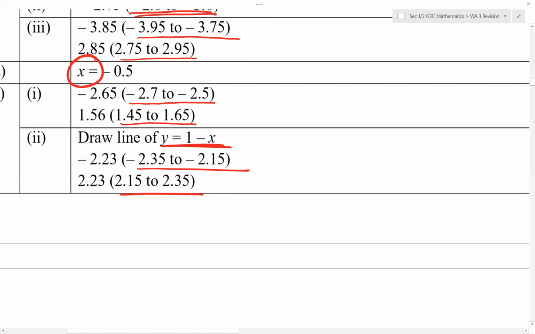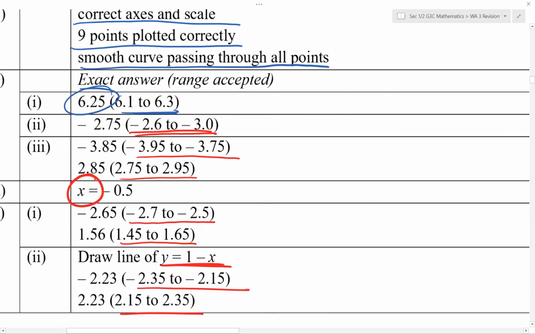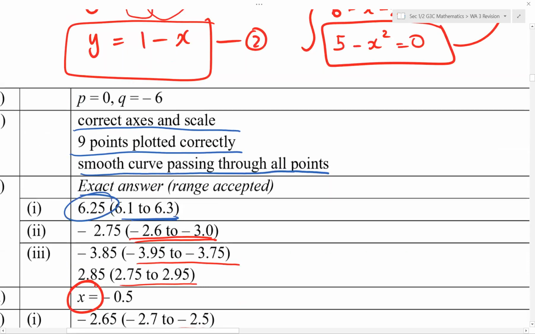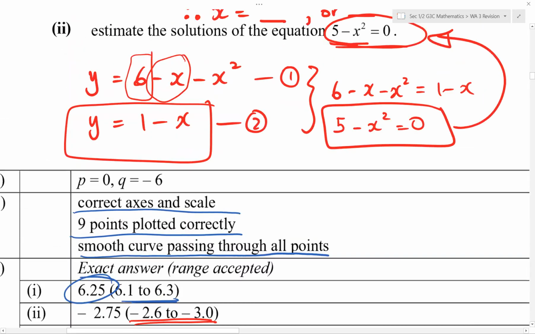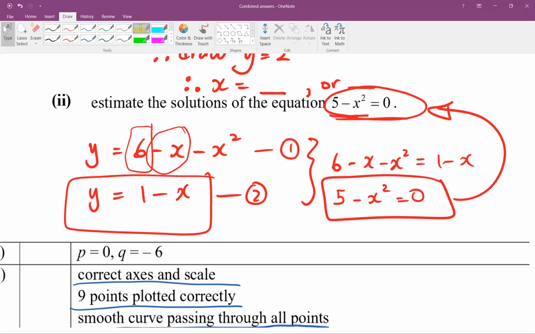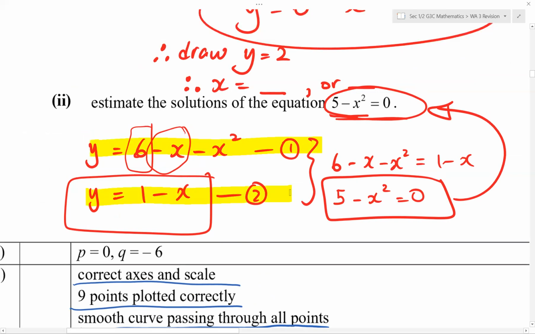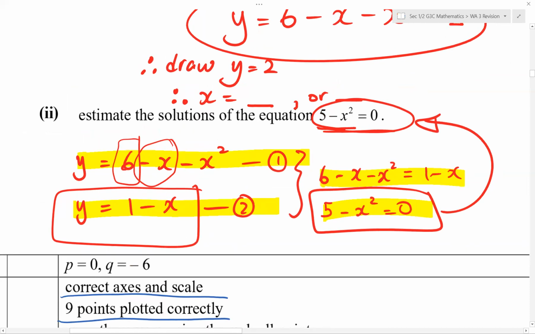That serves as a way for you to check whether the equation that you have created makes sense or not. So this portion is the checking. The highlighted portion is your checking.